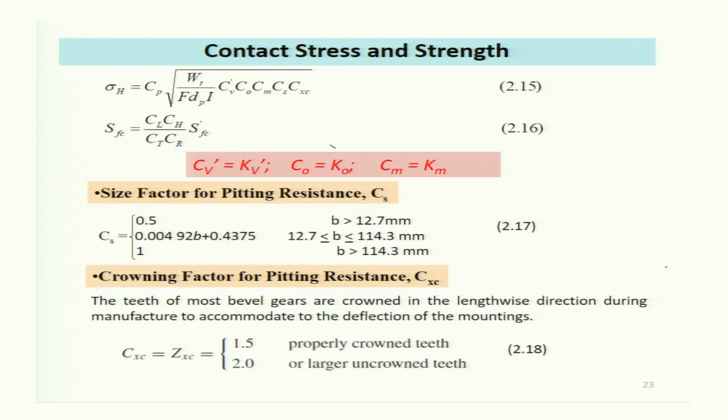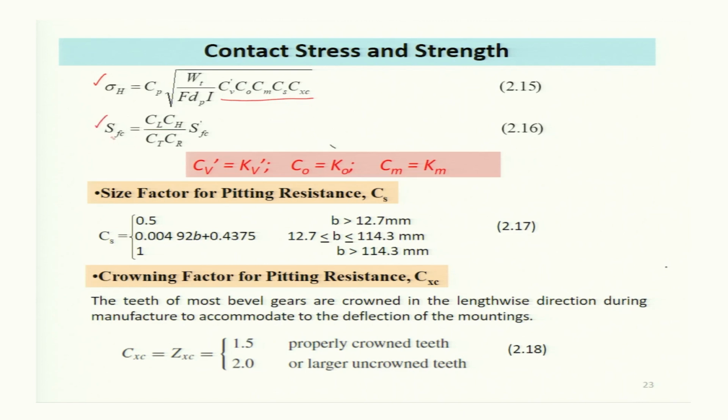The contact stress and strength. We know that in the case of gears, at the point of contact, complex contact stresses occur, and using the Hertzian contact stresses, we have obtained sigma H, and these are the different factors which are used to modify considering different operating conditions.